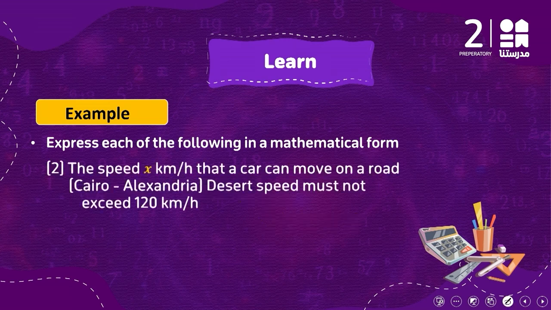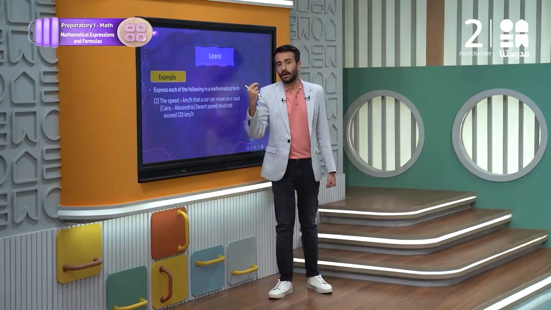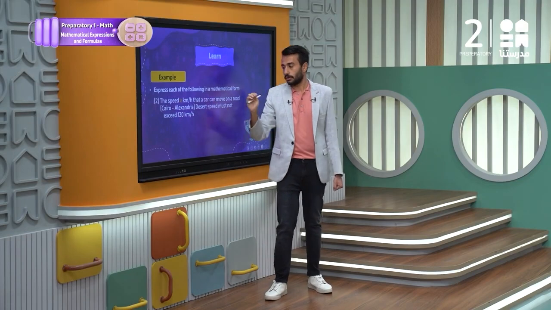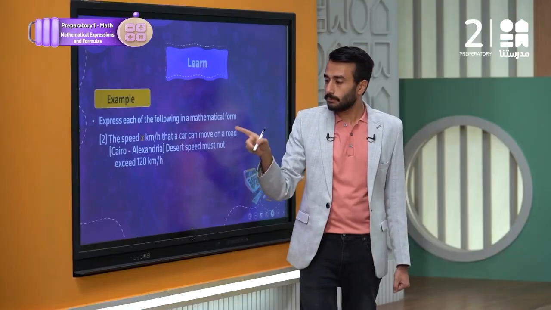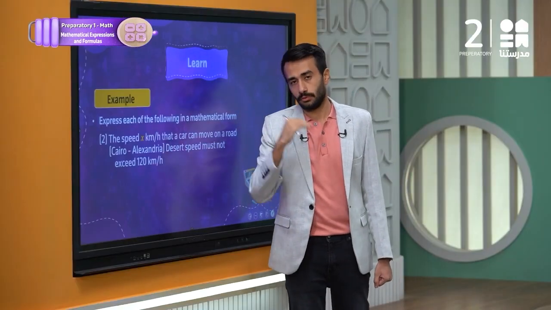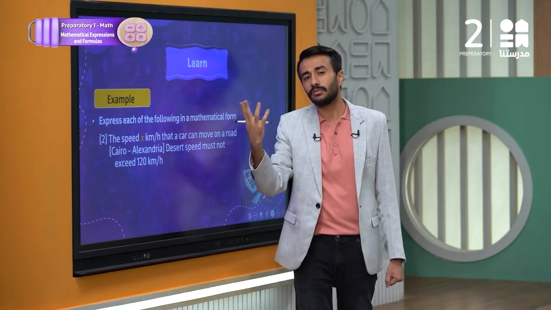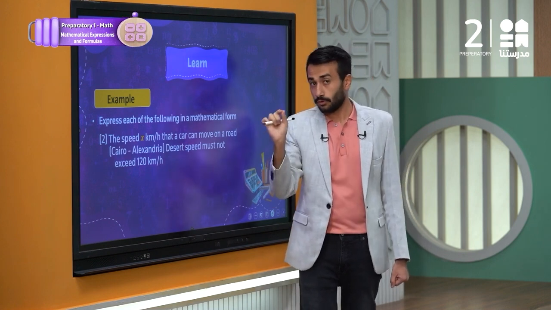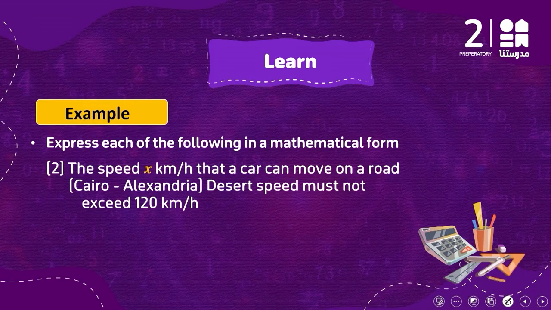Let's go to the next question. The speed x kilometers per hour that a car can move on a road, the Cairo Alexandria desert road, must not exceed 120 kilometers per hour. The meaning of this question is that the speed of any car on the Cairo Alexandria desert road must not exceed 120, meaning 120 or less, and this means there is no single specific speed.